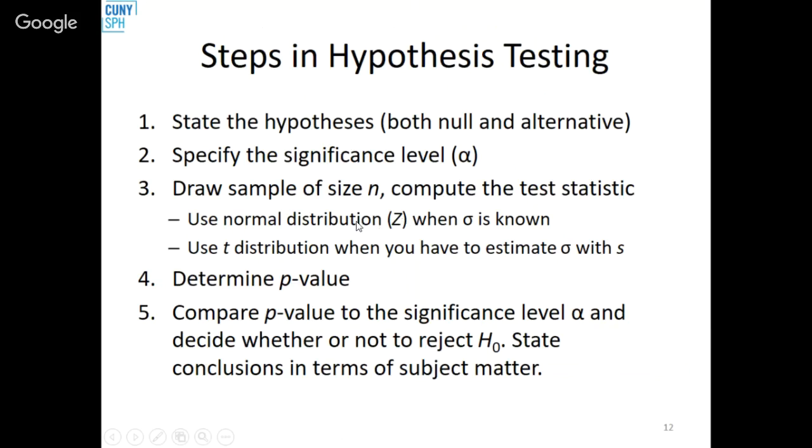Could be using the standard normal distribution, the t-distribution. But in fact, this generalizes to a whole bunch of other test statistics, everything else that you do. But from that test statistic, you'll determine a p-value, and then compare that p-value to the significance level alpha and make your decision about whether or not to reject H0.